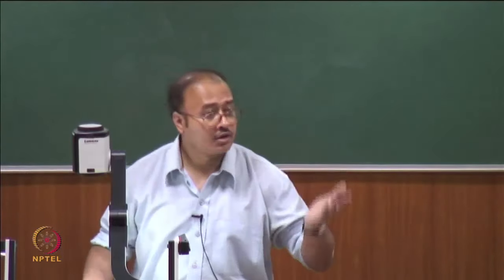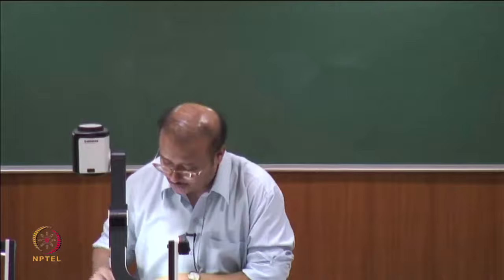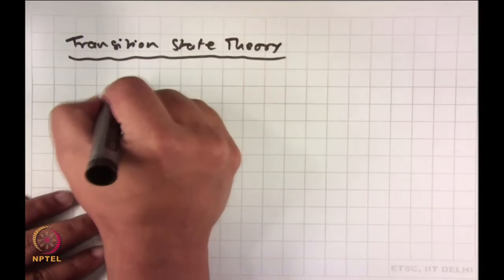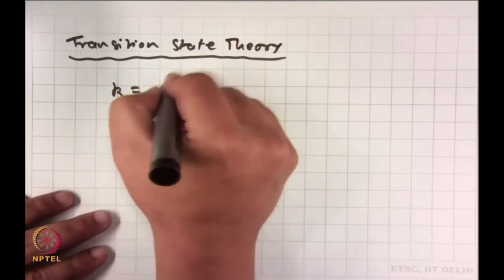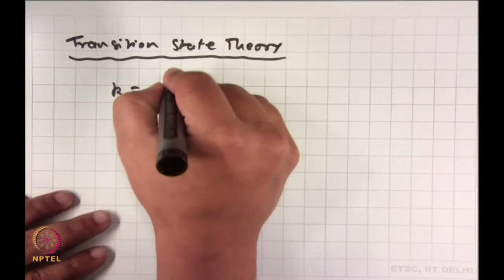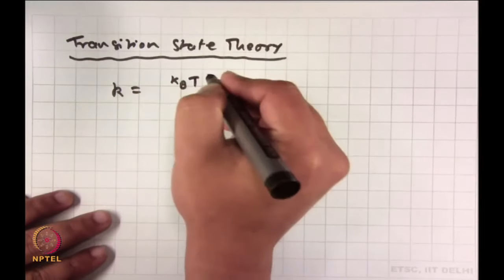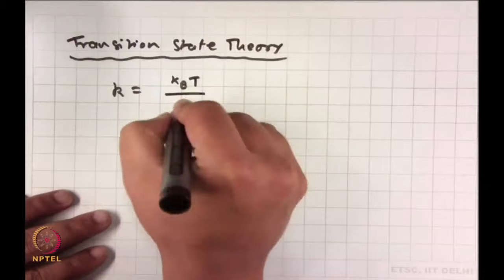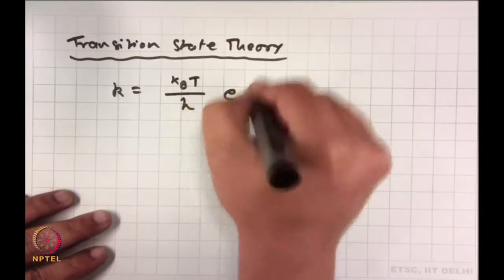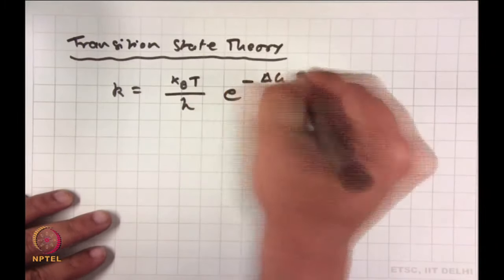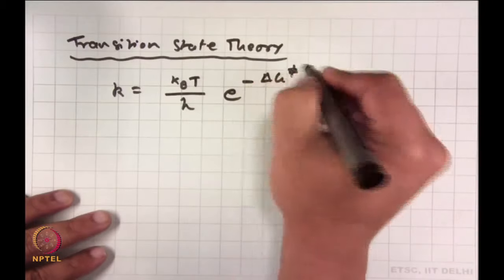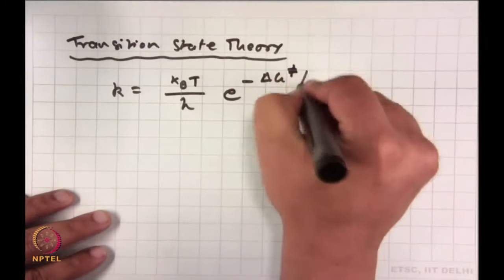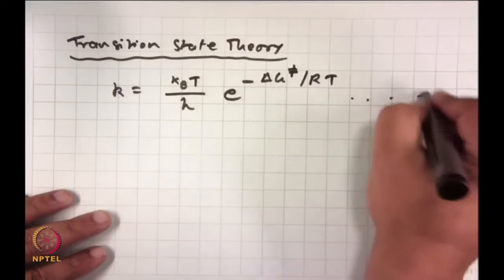Now, from the definition of Eyring, what you know is your rate constant k is equal to k_B T over h, where k_B is the Boltzmann constant times temperature, times e to the power minus ΔG of the transition state divided by RT. So this is equation 1.